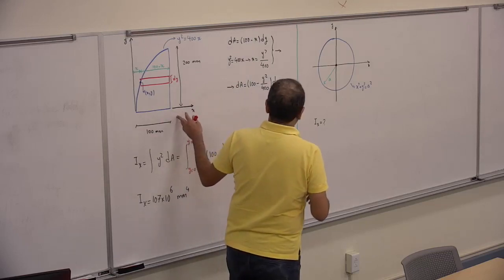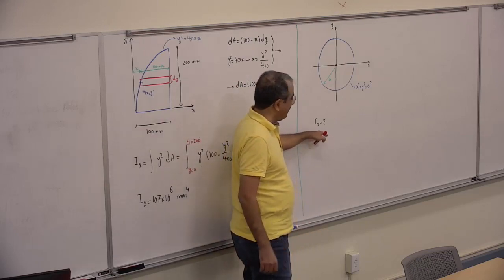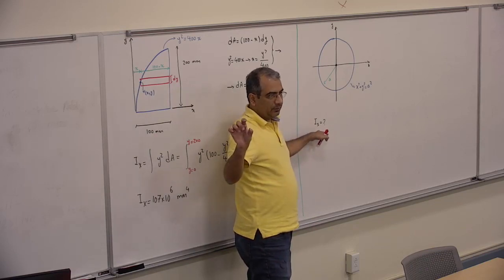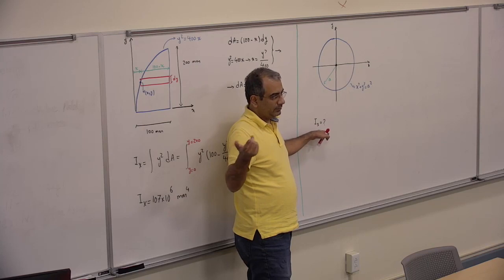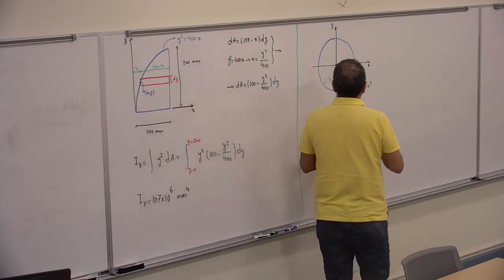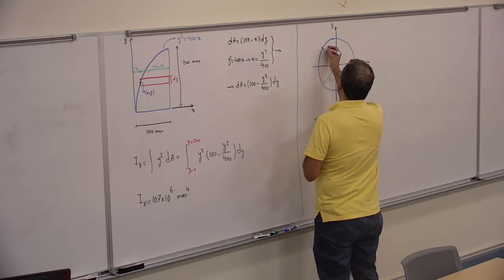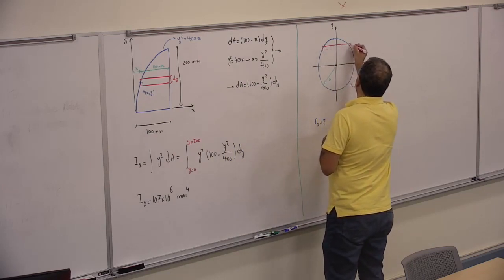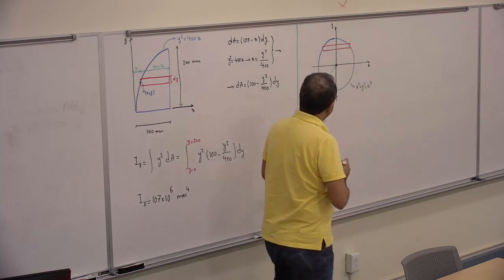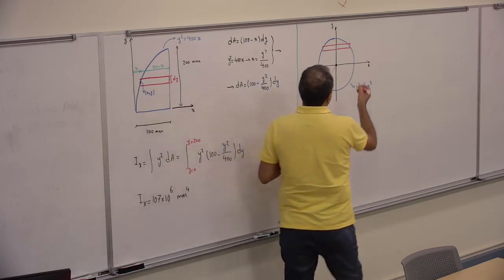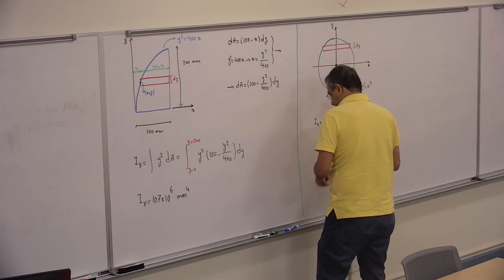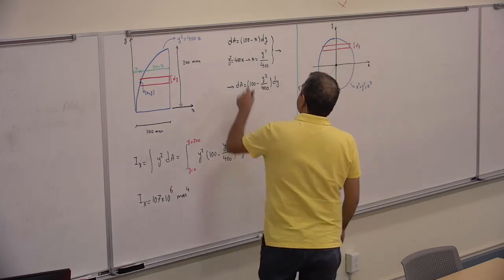So similar to this one, for I about the x, the element should be parallel to the x. If it was I about y, the element should be parallel to the y. So if I go ahead and say, okay, this is my element, and this is going to be the dy. So I need the dA.